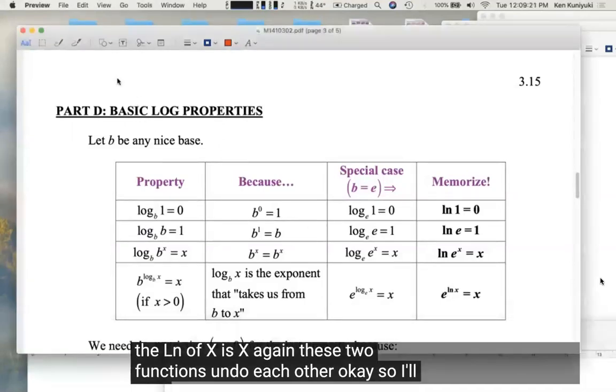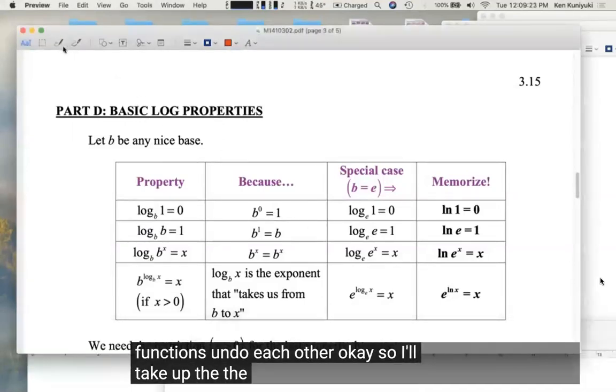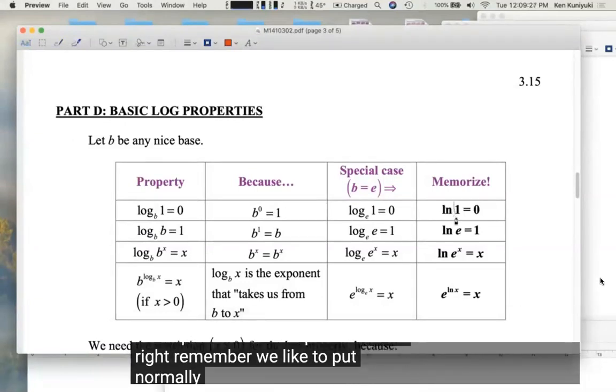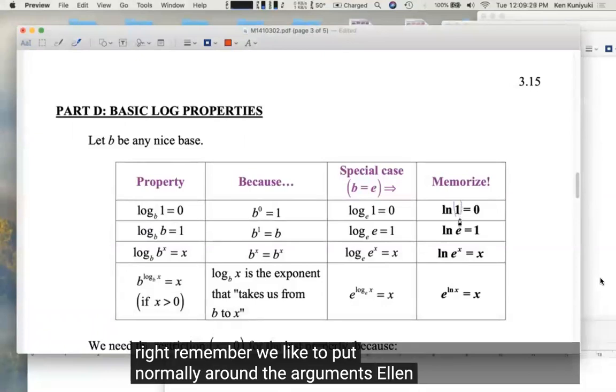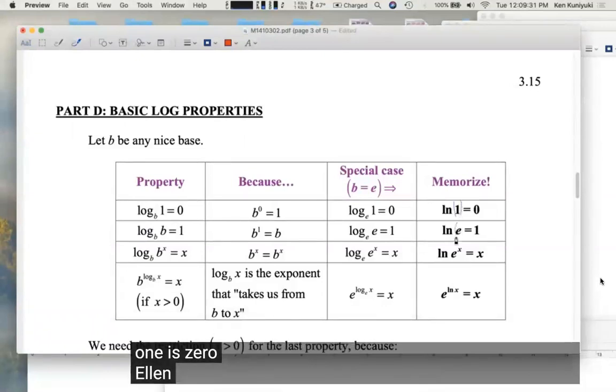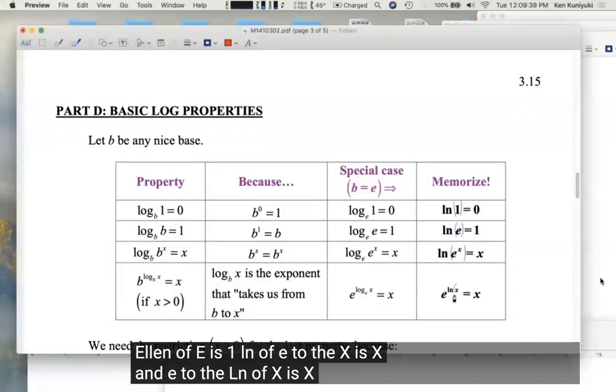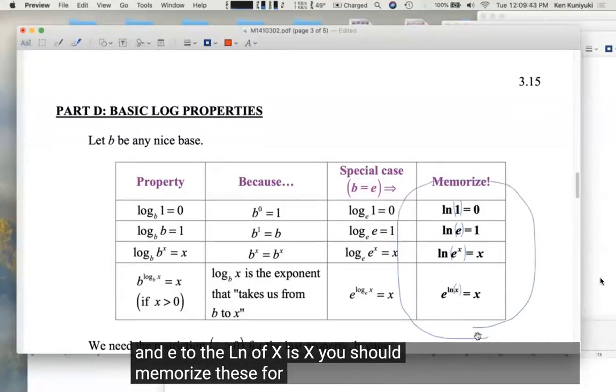Okay, so I'll take up the markup tool here. All right. Remember, we like to put parentheses normally around the arguments. Ln of 1 is 0. Ln of e is 1. Ln of e to the x is x. And e to the ln of x is x. You should memorize these four.